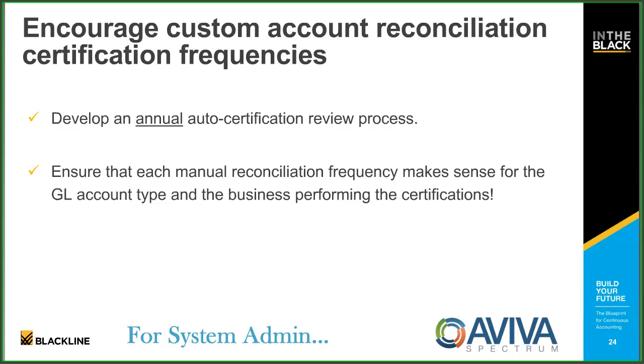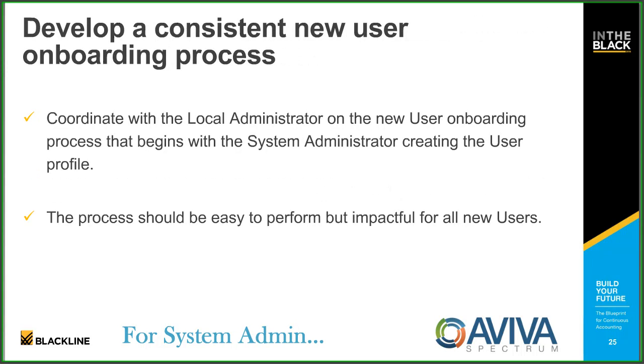We have auto certification rules, such as one is, if, like Sonia just indicated, if an account has a balance but no GL activity, you can actually decide as an organization how many months in a row you would like BlackLine to auto certify that balance, but then after that duration has ended, you can require the manual certification.